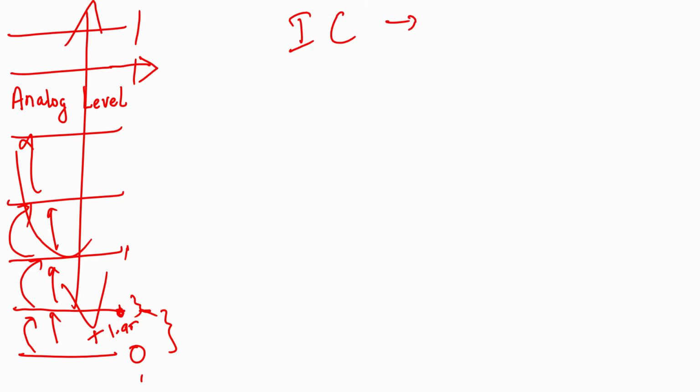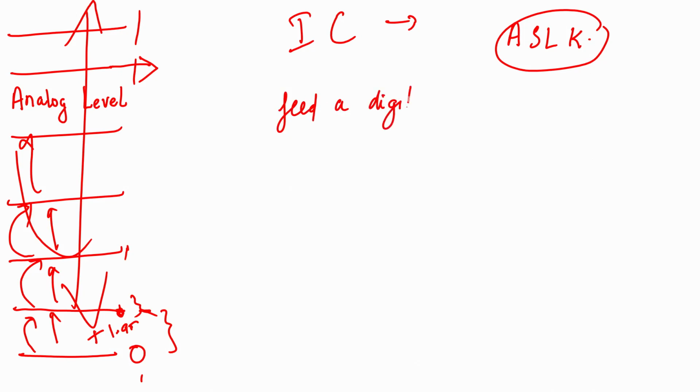As we have told, this module is to see the DAC module that is there in the ASLK kit that we have. We want to show you a live experiment of how, when we feed a digital word, you get the analog value.